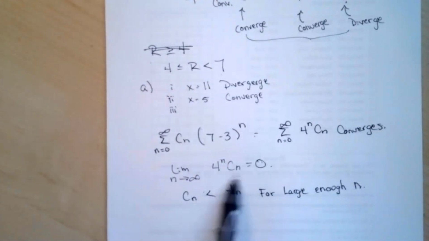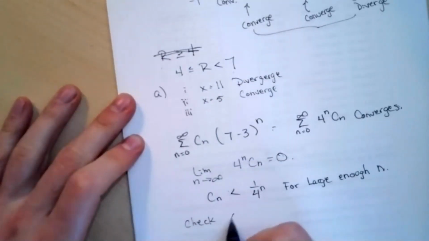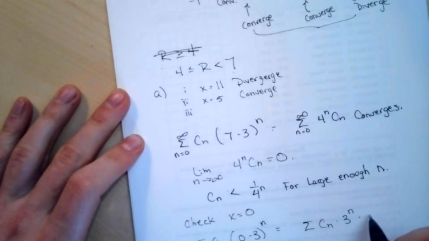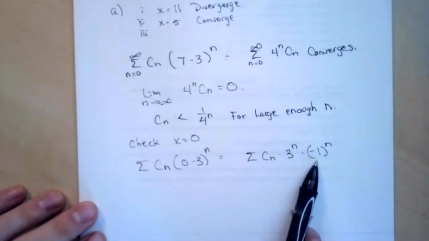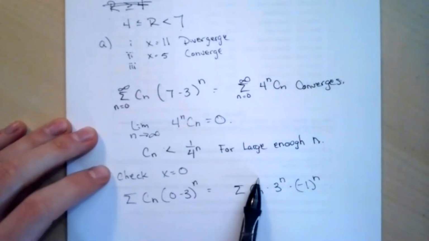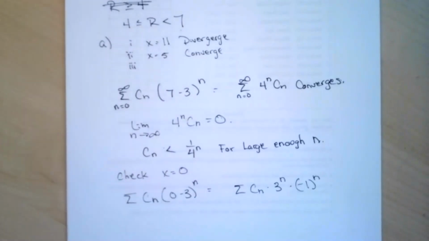So if Cn is less than 1 over 4 to the n, and we want to check something like x equals 0, of course, we got an alternating part in there, but we could even ignore that alternating part because I know that Cn, as an order of decay, is going to decay like 1 over 4 to the n, if not even faster.